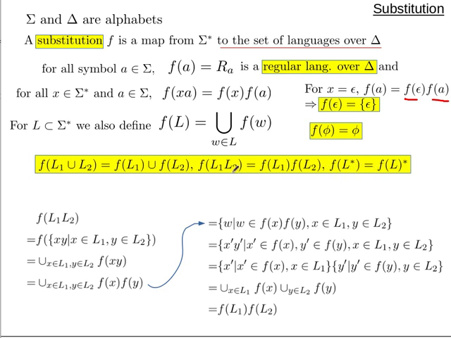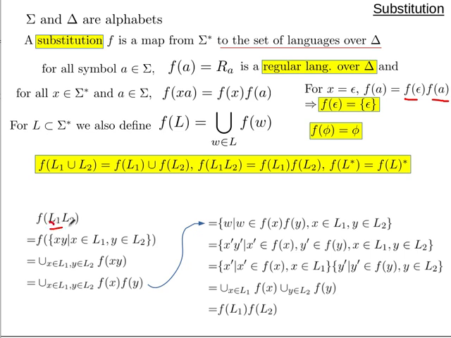Okay, so these are pretty straightforward to prove from just this definition, and obviously the definition of, say, concatenation and Kleene star. So I have just written this proof here. I mean, there is nothing to explain as such. You just follow these steps. For example, this is by definition, right?